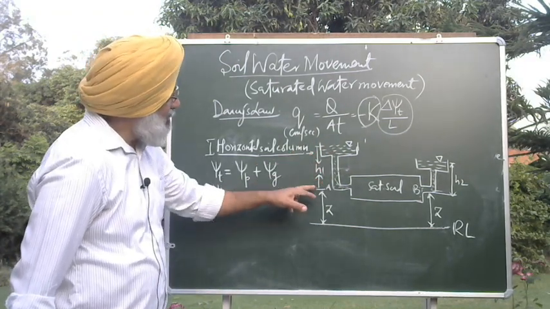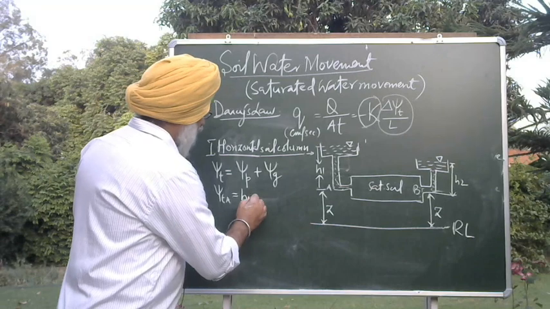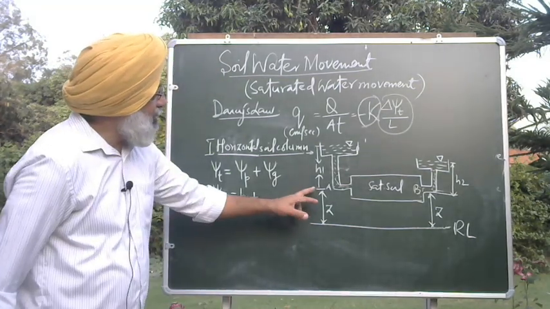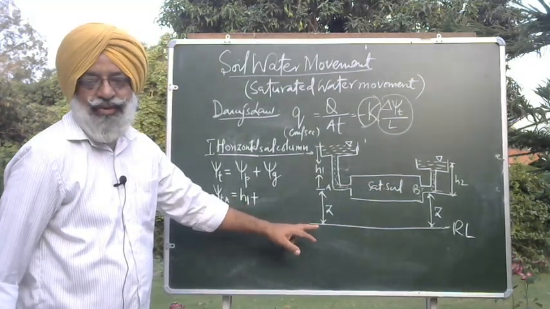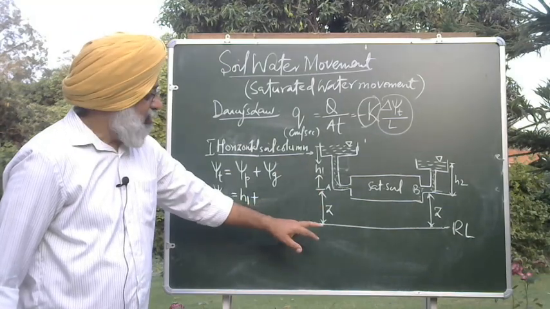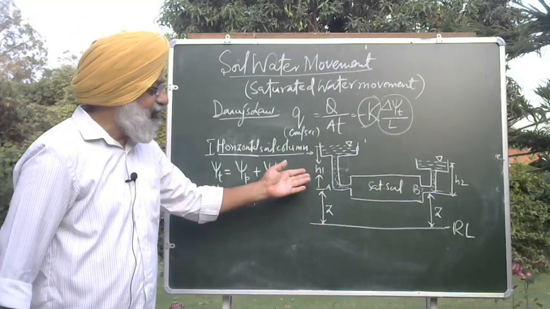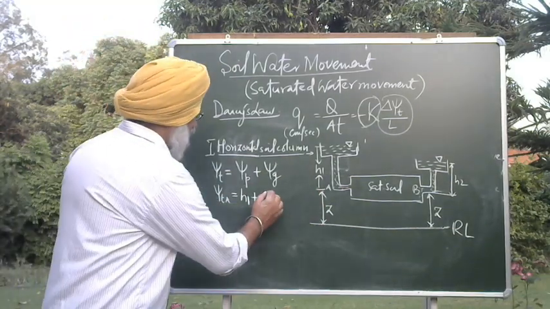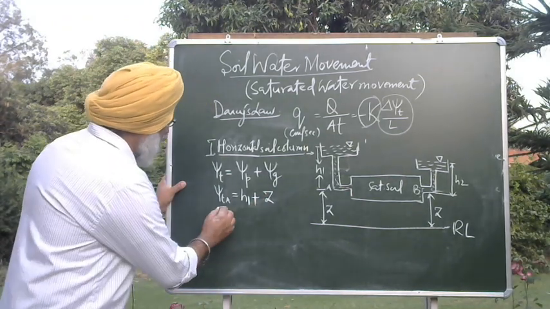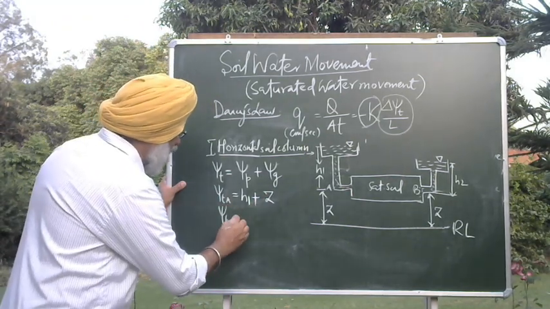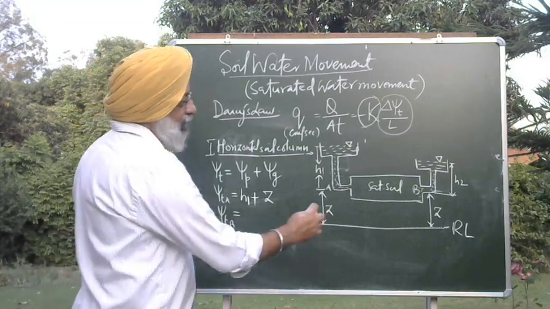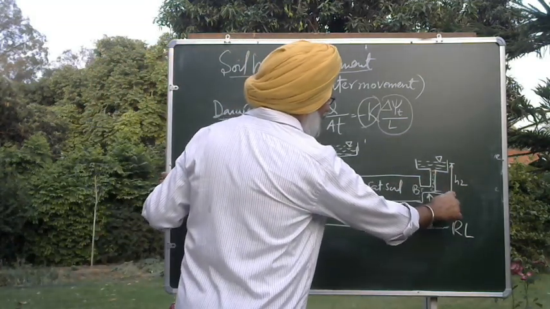So this height is H1. What is the gravitational potential? Z, the difference between the reference level and the point. Because A is above the reference level, it will be plus Z. Then what is the total soil water potential at B? At B, the head of water maintained is H2.